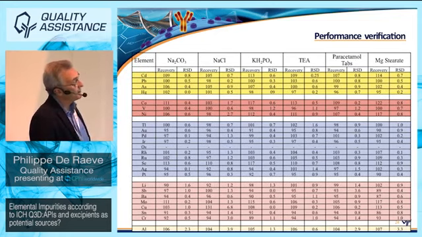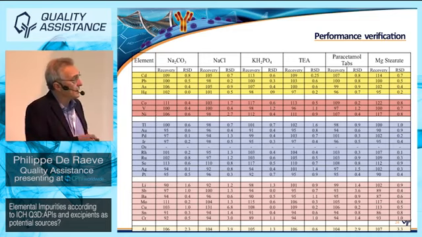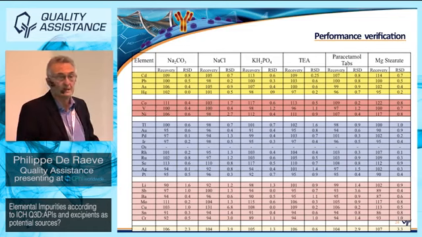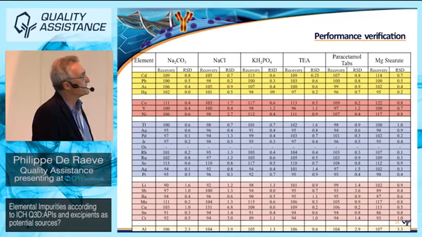And here are the results for 6 additional matrices, the inorganic salts, triethylamine, paracetamol tablets, and magnesium stearate. And once again, you can check that the recoveries are well within the acceptance criteria with very good RSDs.